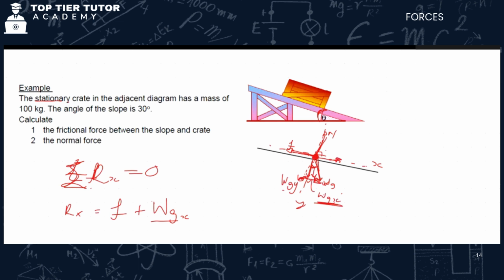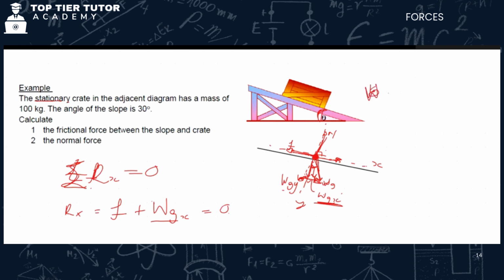So we are saying all of this must be equal to 0 because it's stationary, and that would then imply that the frictional force, which we're looking for, is the negative of our weight component in the x direction. Let's just rewrite that again.